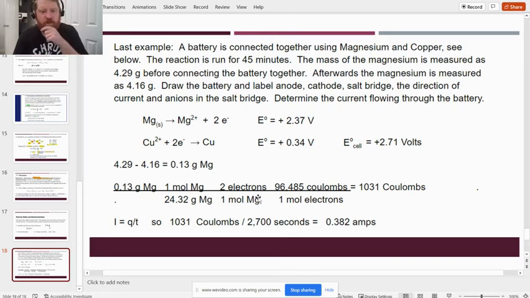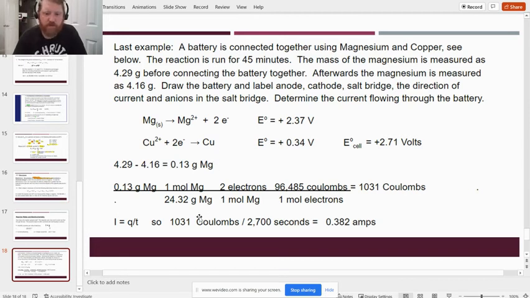In this reaction, for every magnesium, there's 2 electrons. And then for every 1 mole of electrons, there's 96,485. That's Faraday's constant. We now know how many coulombs of charge have just moved through the wire, 1,031.